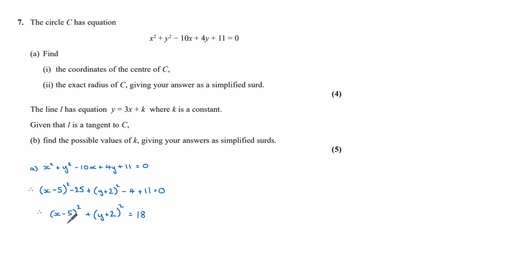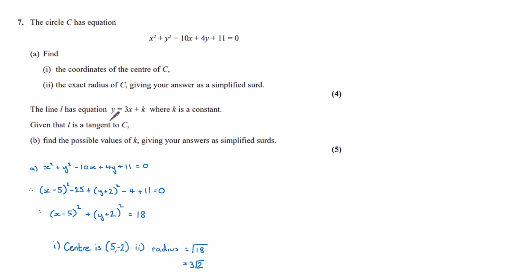So x is equal to 5 and y is equal to minus 2. So the coordinate 5, minus 2 is going to be the centre, and this is equal to r squared. So our radius is going to be the square root of 18, which is the same as 3 root 2.